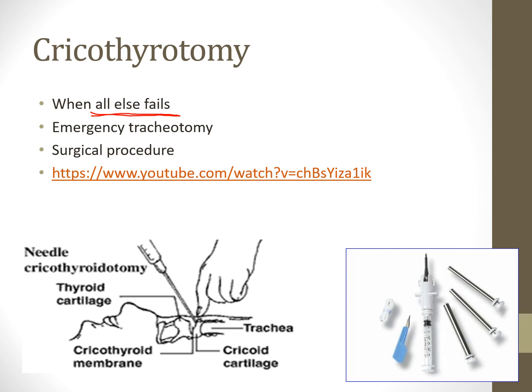This is one you see in the movies where they empty out a pen and then they put the pen in there. Don't do that. When they're doing this, this is sort of a very, very, very temporary tracheotomy. Very temporary surgical procedure, they're just going to poke through between the cricoid and thyroid membrane.